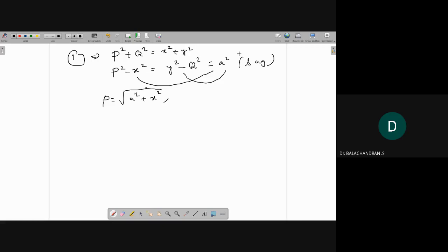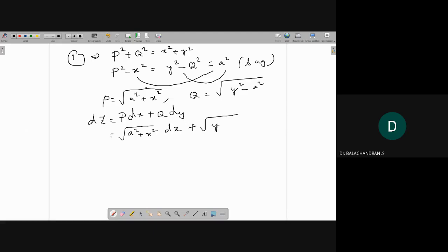From this, Q square equal to y square minus a square, so Q equal to root of y square minus a square. So now dZ equal to capital P dx plus capital Q dy, that is, root of a square plus x square into dx plus root of y square minus a square into dy.